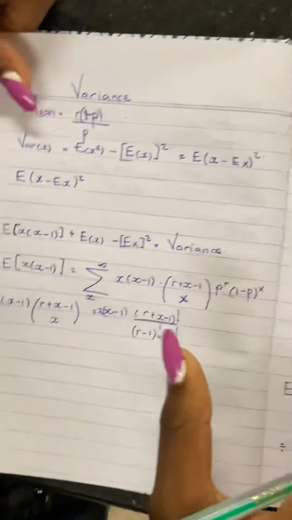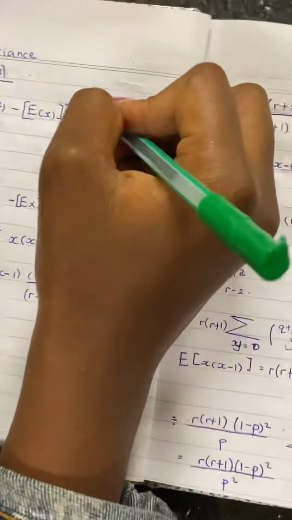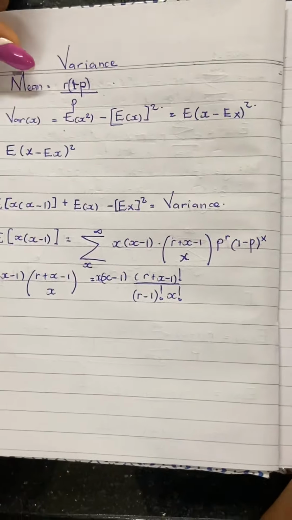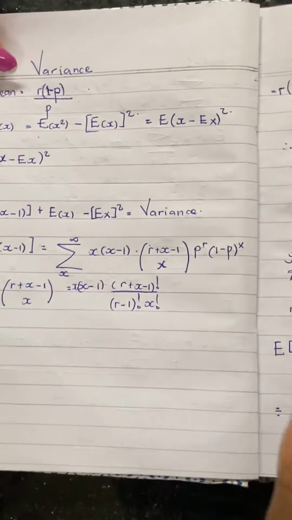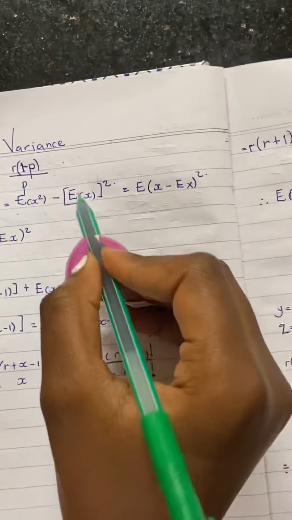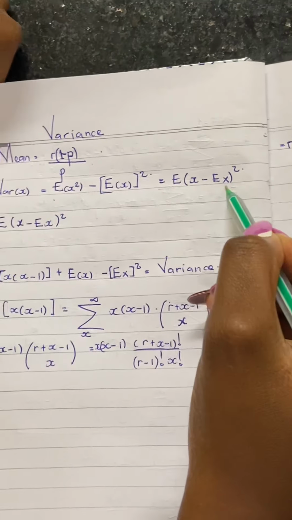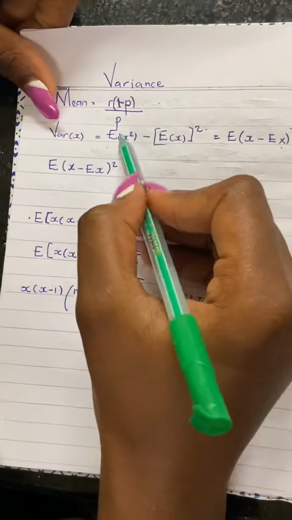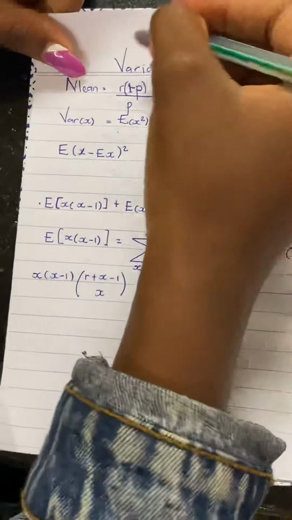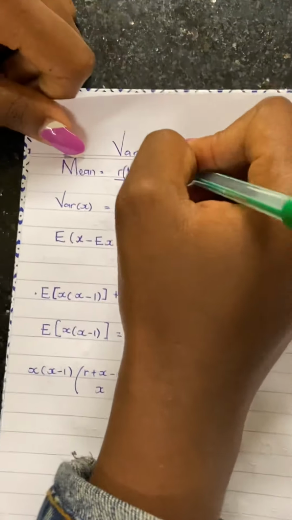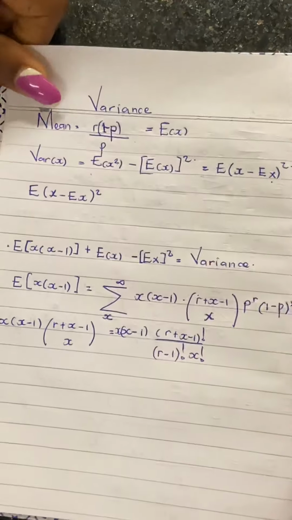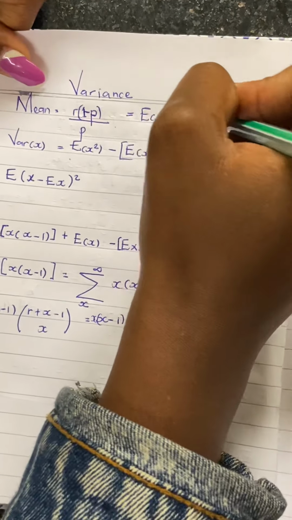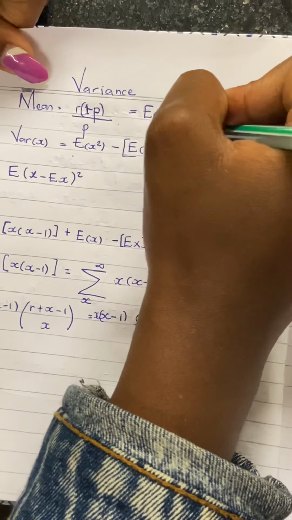When we bring out the E, we want to simplify it. We know that the mean is the expectation of x. So our expectation of x is equal to r into 1 minus p out of p.